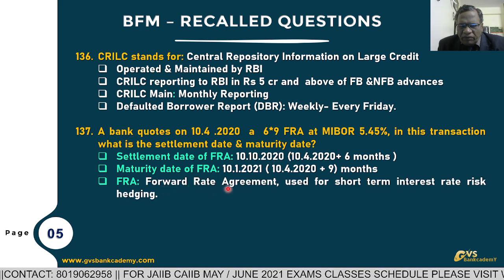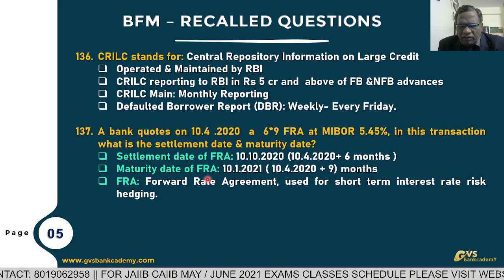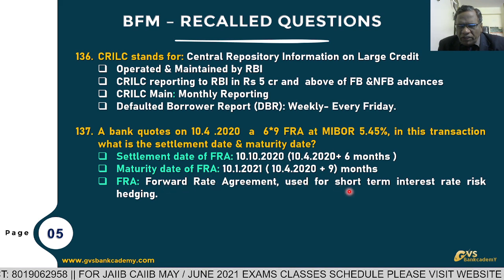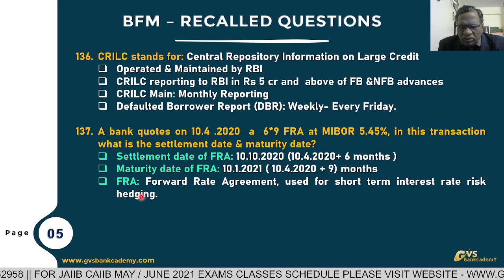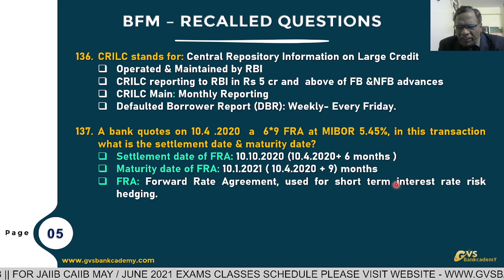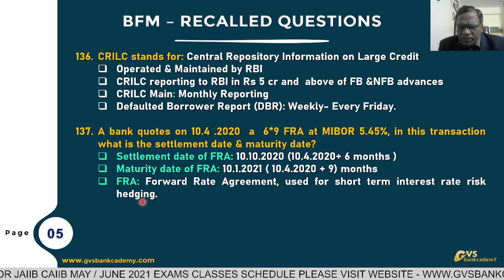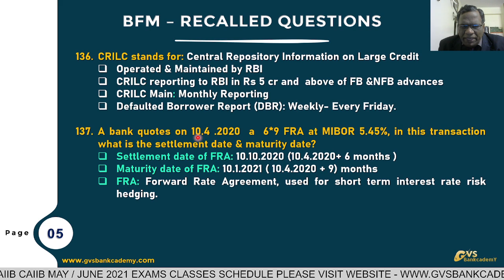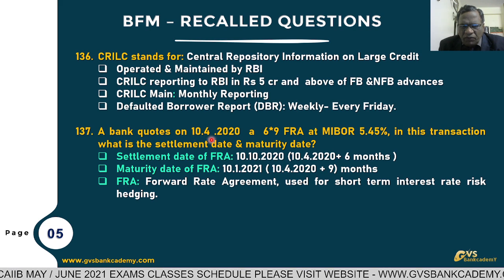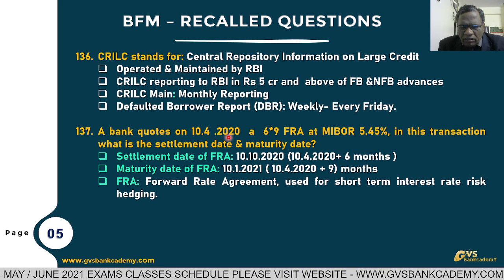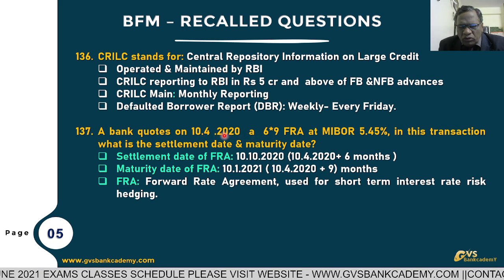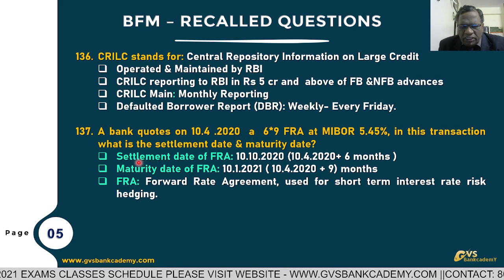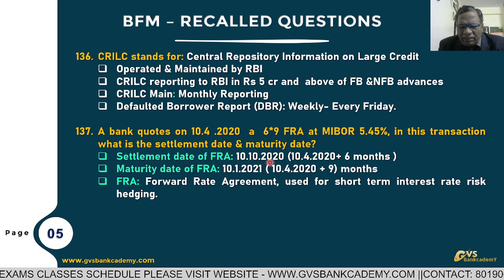FRA means forward rate agreement. First you have to know FRA, forward rate agreement, is used for short-term interest rate risk hedging. Why is FRA used? This is a short-term, one-shot period interest rate risk hedging instrument. Now, when the bank is entering a transaction on 10/4/2020, the contract is going to be settled after 6 months. 10/4/2020 plus 6 months means the settlement date of FRA is 10/10/2020.